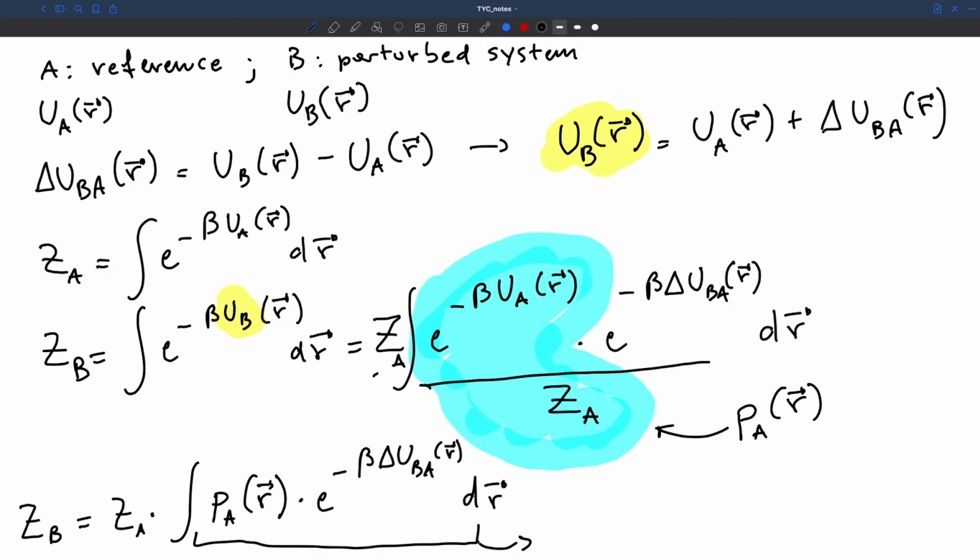It's the ensemble average of the exponential of the perturbation in the unperturbed system. So basically we have written the configurational integral for the perturbed system Z_B as the configurational integral for the reference system Z_A that multiplies the ensemble average of the exponential of the perturbation, delta U_BA of r multiplied by beta, in the unperturbed system.